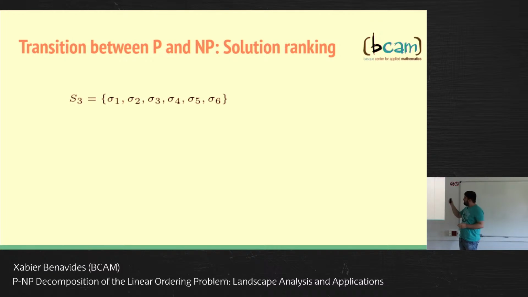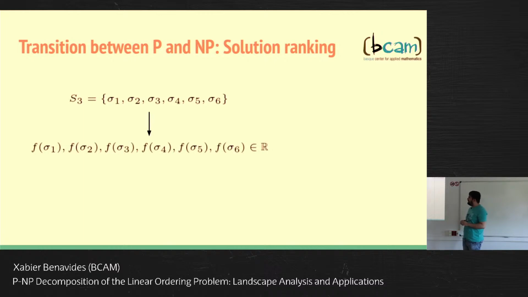Okay? So for example, let's imagine that we have a linear ordering problem of size 3. In this case, the search space is composed of just 6 permutations. Okay? Sigma 1, sigma 2, all the way to sigma 6. And obviously here we can use the objective function of the linear ordering problem to assign a certain objective function value to each permutation in the search space.